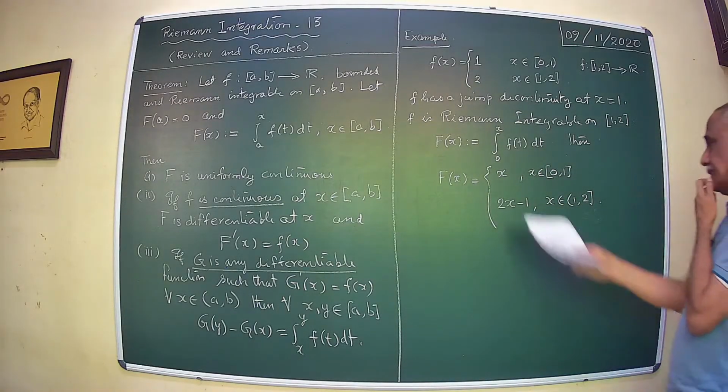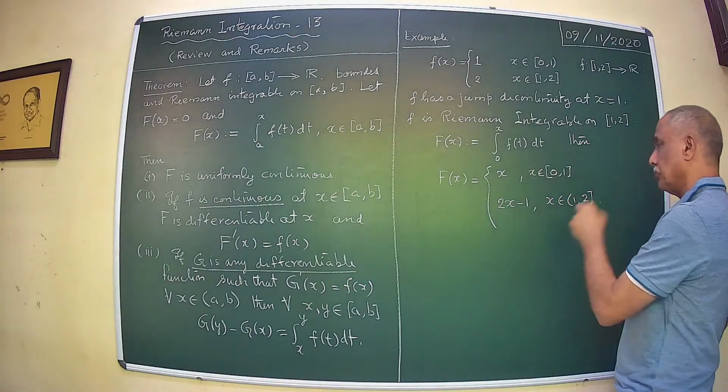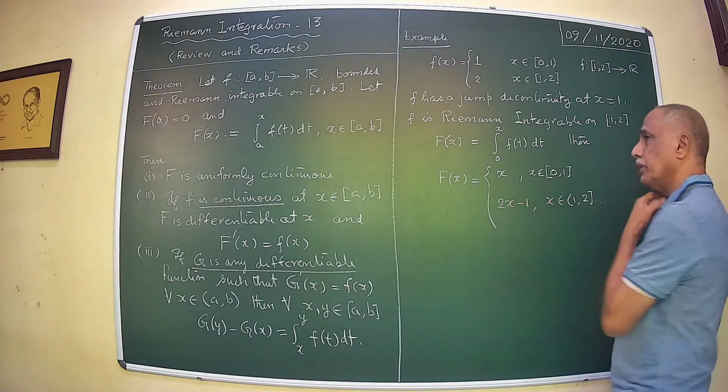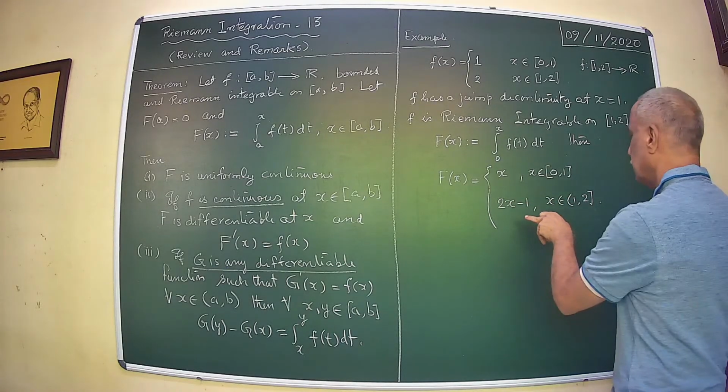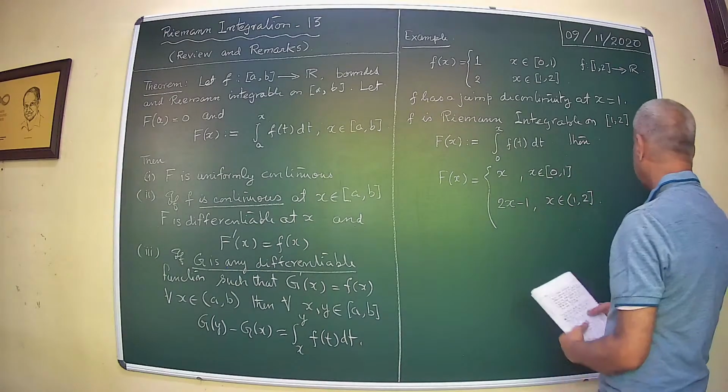So at x equal to 1, you see that the function takes the value 1 from here, and the limit of this function from the other side is going to be simply, at x equal to 1, you will get 1. So you get a continuous function.